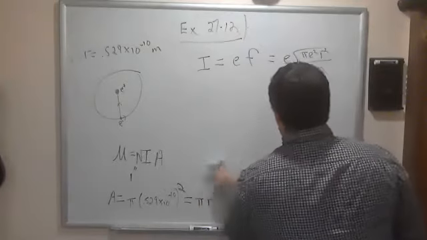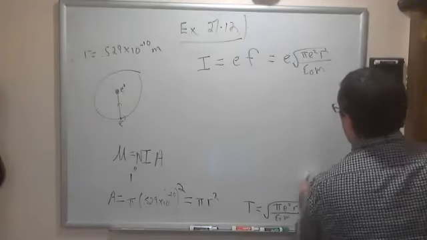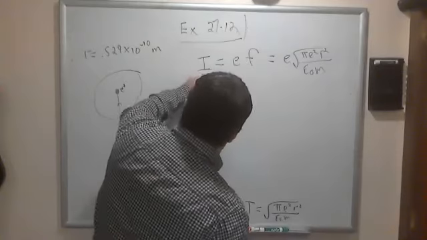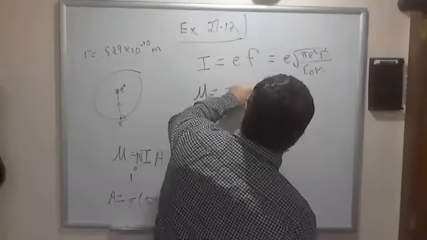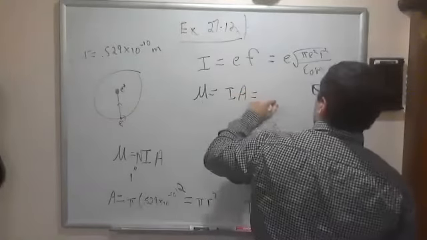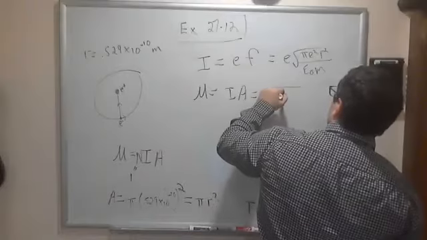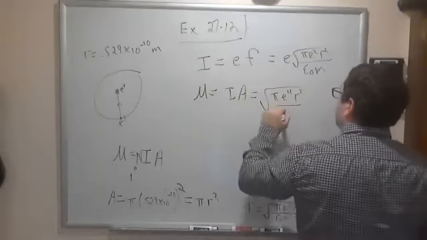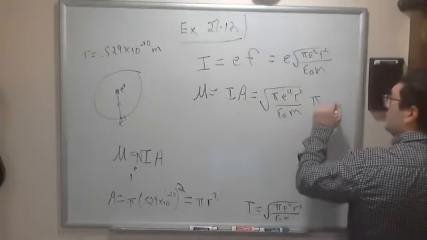So now let's plug it in. All right. So that means the magnetic moment is I times A, which is just E squared over epsilon naught times pi.